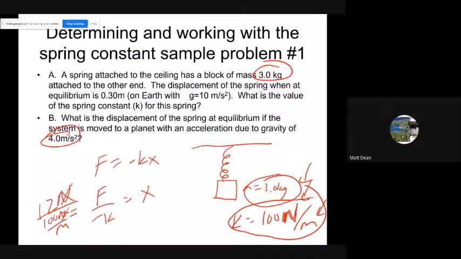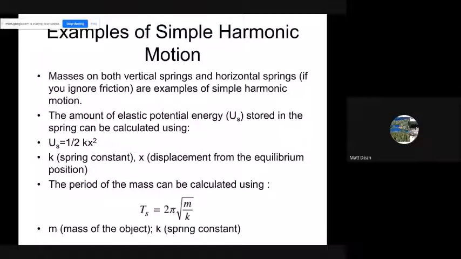Notice newtons cancel. And we're going to end up with a displacement of 0.12 meters. And it's negative 0.12 meters because it's going down. That's why the negative sign is there. All right, so simple problem dealing with mass on a vertical spring. We'll come back to those in a minute.